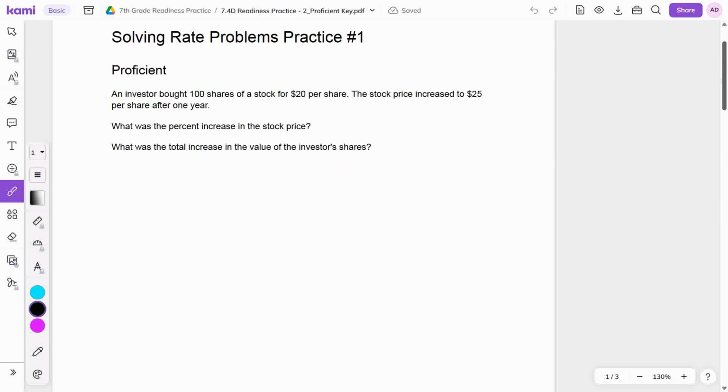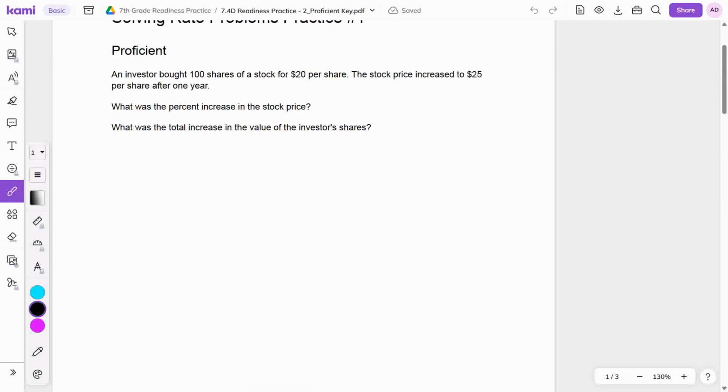So we have an investor who bought 100 shares of stock for $20 each. And then the stock price increased to $25 per share, so that's good. So we need a percent increase. The percent increase is going to be this: we have our new price, and we subtract from that our original price.